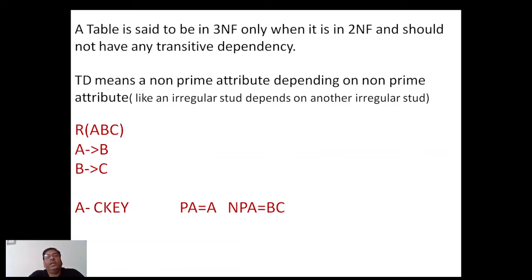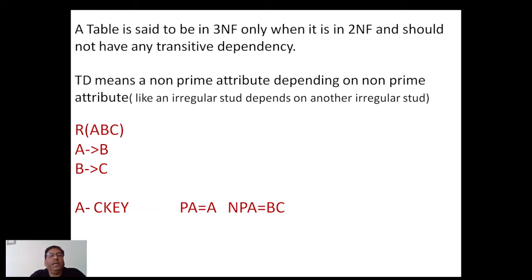Let's try to understand this in more detail. A table is said to be in third normal form only when it is in second normal form and does not have any transitive dependency. By transitive dependency we mean a non-prime attribute depending on another non-prime attribute.